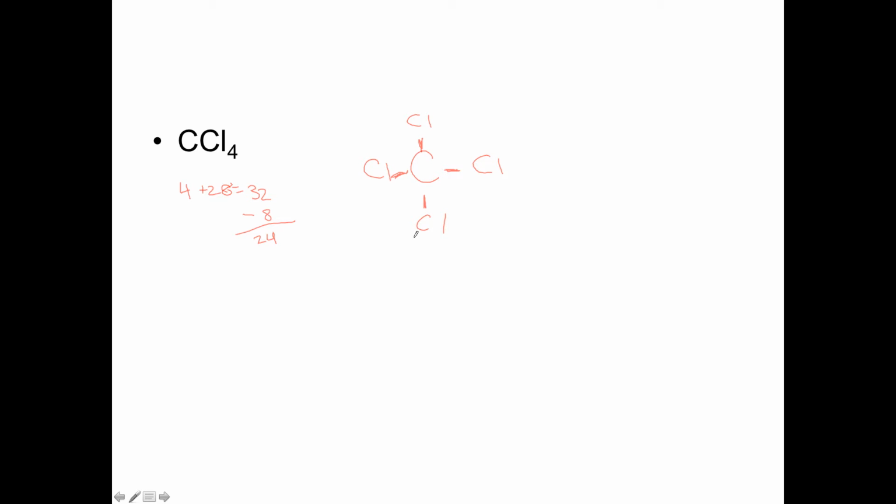I'm going to start on any chlorine you want. You've got to give it the dots that it still needs. Each chlorine wants to be surrounded by 8. Each chlorine only has 2 right now because they're sharing it with the carbon. So I'm going to go 1, 2, 3, 4, 5, 6 to that chlorine.